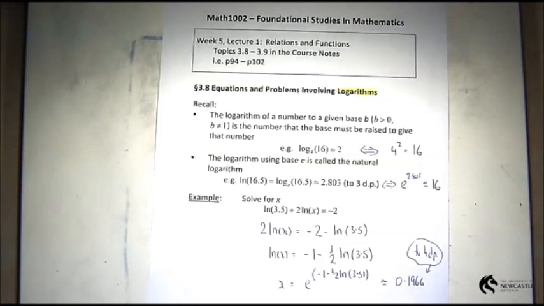So we have to take the positive square root because the domain of log, doesn't matter what base, is the set of all x such that x is greater than 0. So that's what we've done there.